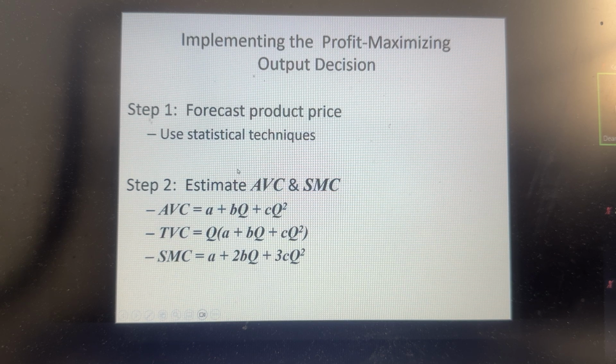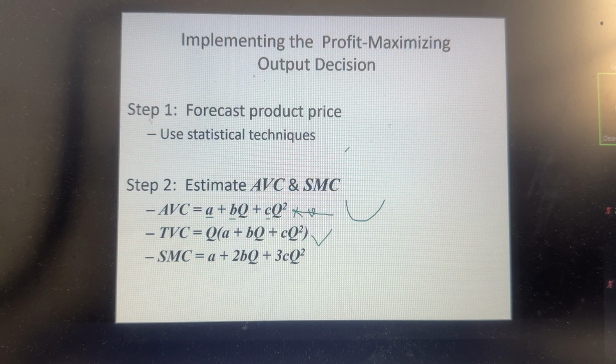This is the basic format of the AVC, right? Intercept, slope coefficient, and quantity. This is basically to take a U shape. Those who have done a little mathematics can understand the shape of the curve. If AVC is given like this, multiply it by Q and you get the TVC.